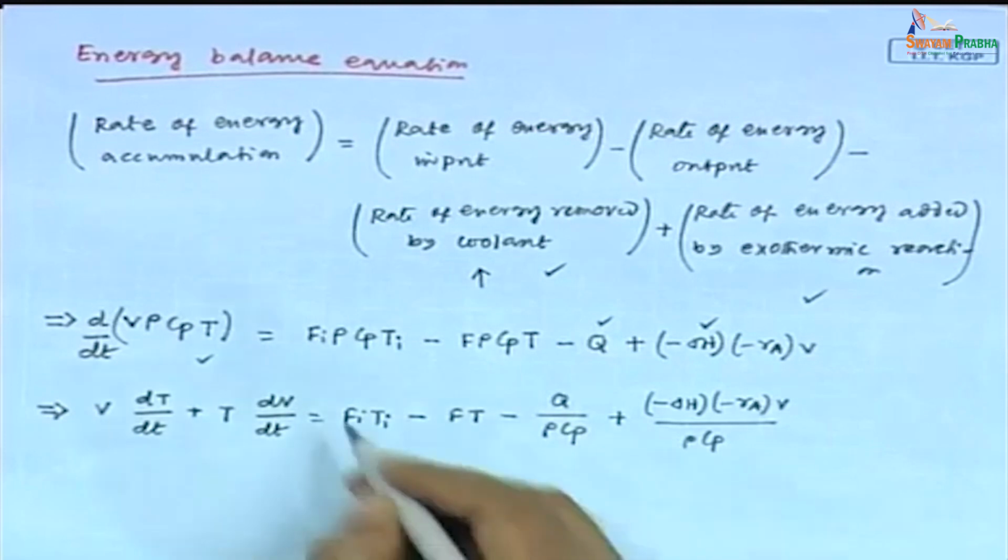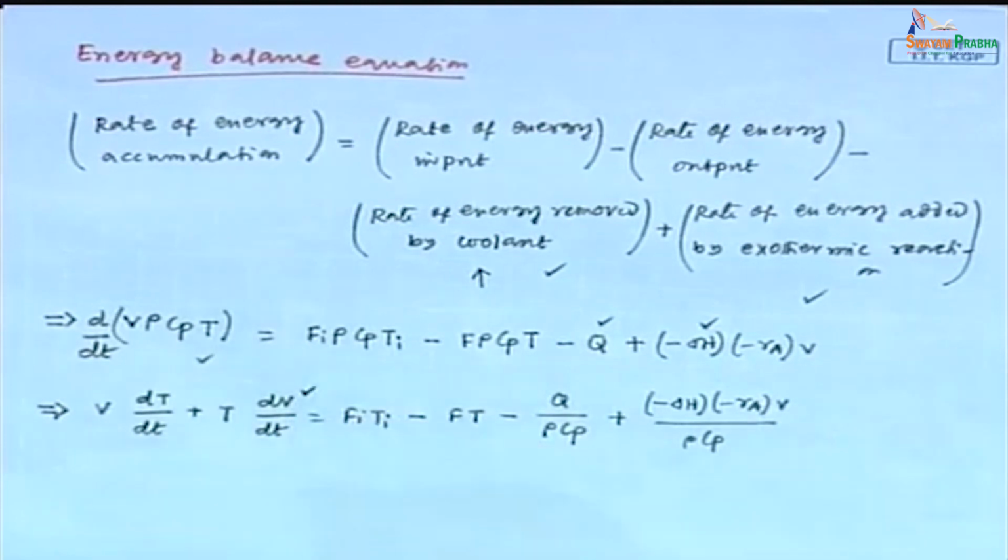Now, we will substitute this term dV/dt. We have the equation of dV/dt obtained from the total mass balance.